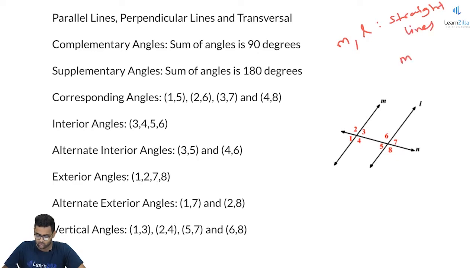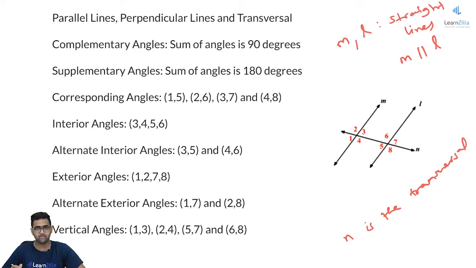M is parallel to L and N is the transversal which cuts both the lines. In this kind of a setup, we'll have to understand what all angles are equal, what all angles are important and how they are defined.